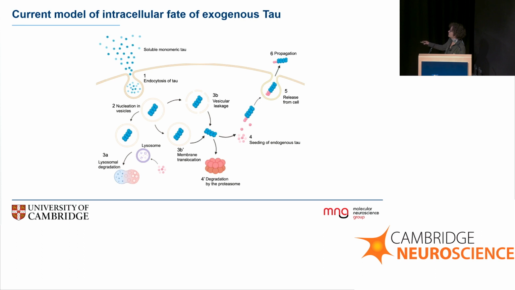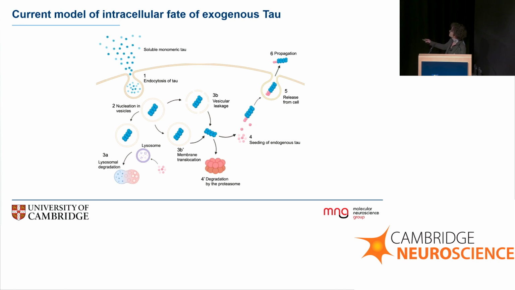We have shown that it can nucleate in these vesicular structures and lead to aggregation inside, and it can potentially be degraded in the lysosomes because it ends up in the lysosomes.